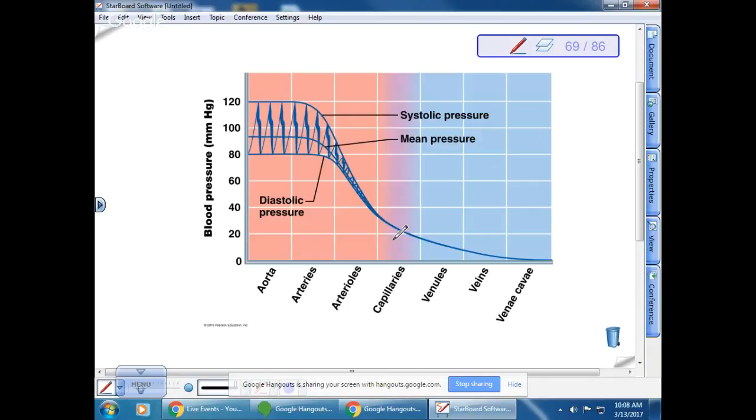Remember we talked about some mechanisms that help to prevent backflow. What was one of the main ones that we talked about? Valves. Okay, so the valves are found in the veins. Also the movement of the skeletal muscle helps to move the blood up. And even your breathing, your inhalations and exhalations, and using your abdominal muscle actually helps to move the blood back towards your heart.